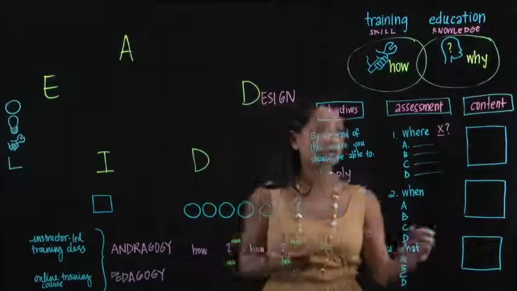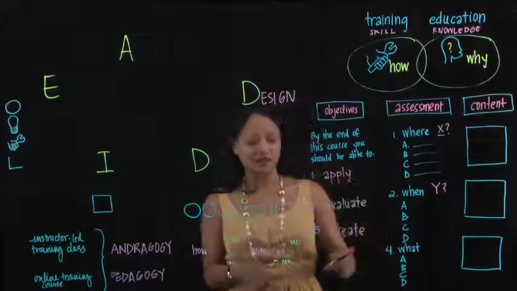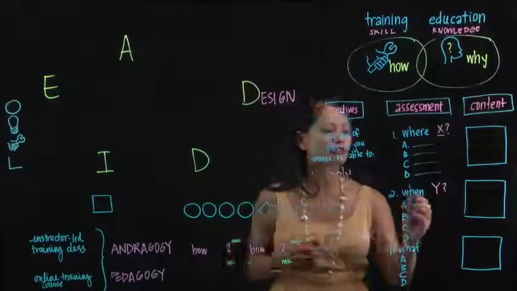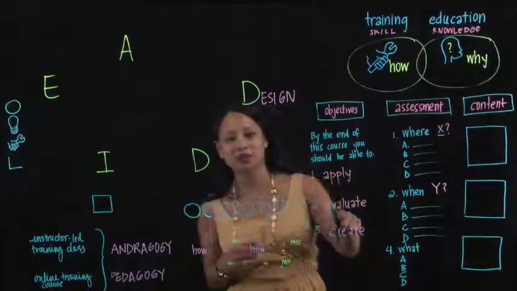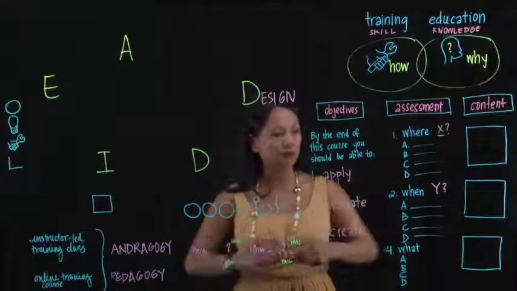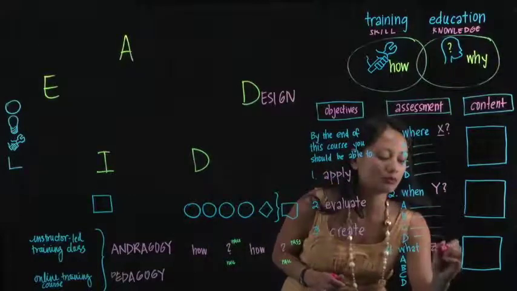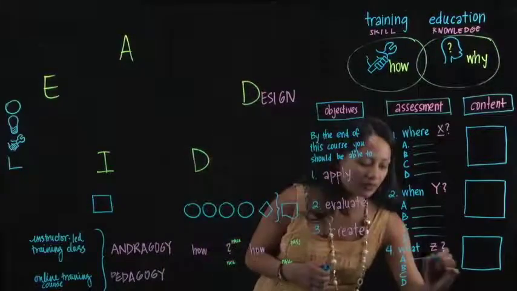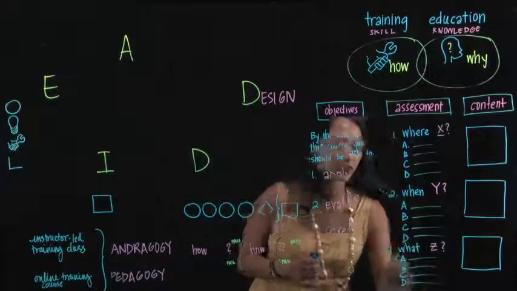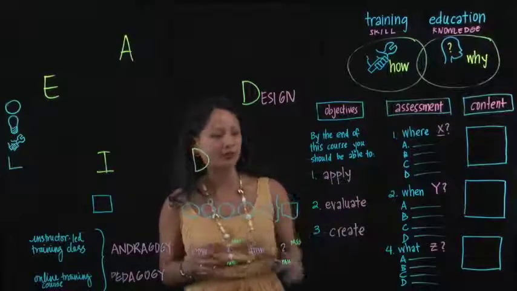I might want to ask as another assessment question, when? When did Y happen? And that question should be closely correlated to the evaluate objective I've identified earlier. And so forth. If I want to know what something was, I certainly can give options in my test and make sure, again, that the test question matches an objective that I have identified earlier.